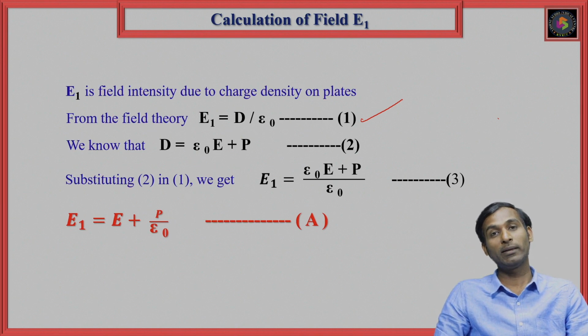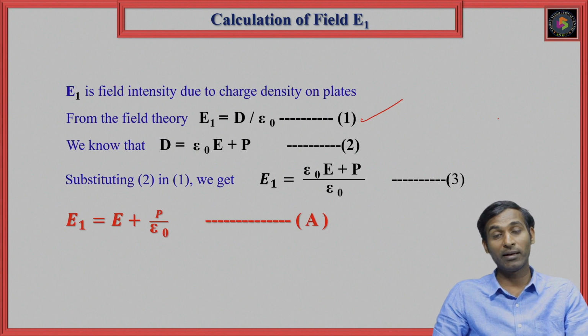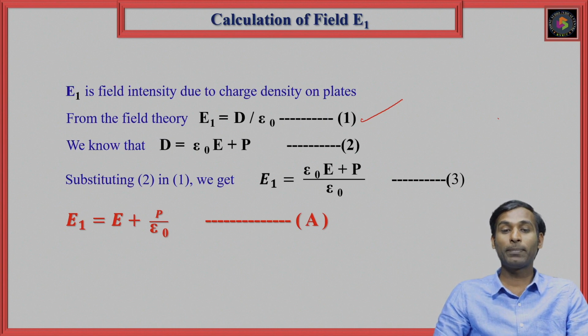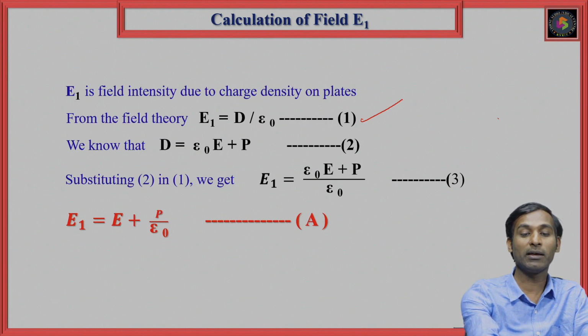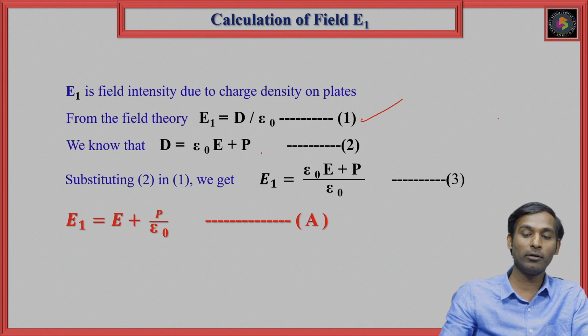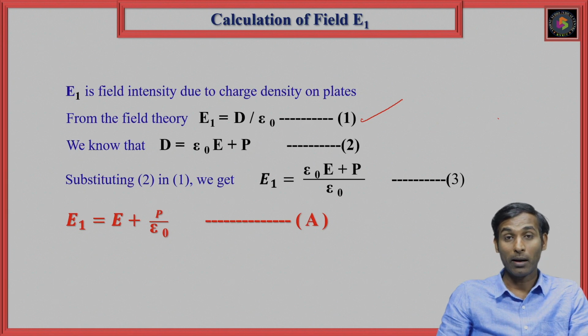The polarization measures the additional flux density compared to the free space of the material. Now that D, electric flux density, can be written as permittivity of free space into field E plus P. P is said to be polarization.